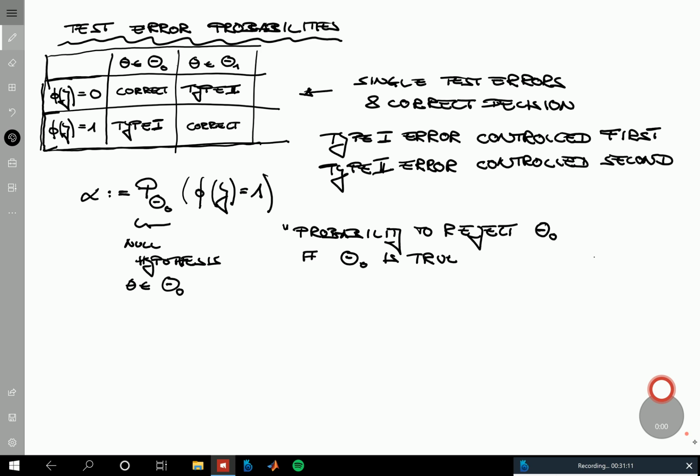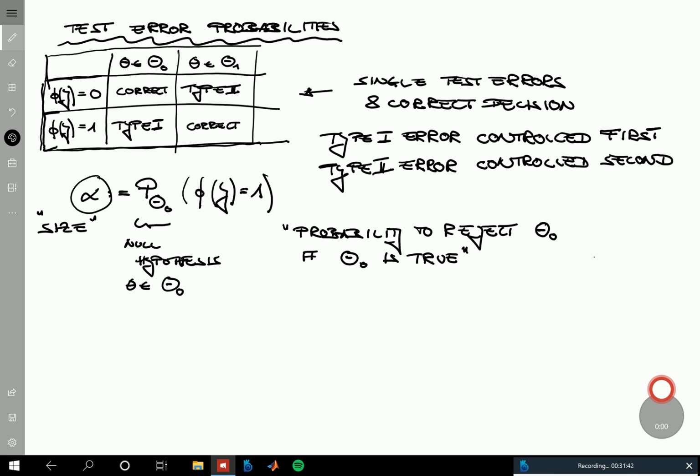What I'm trying to stress here is that a type 1 error and the probability of a type 1 error are two different things. Type 1 error is just that you reject the null hypothesis if it's in fact true. The test error probability for that is the probability to reject the null hypothesis if it's in fact true, and this is called alpha, also called the size of a test.